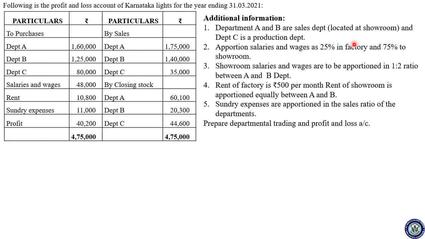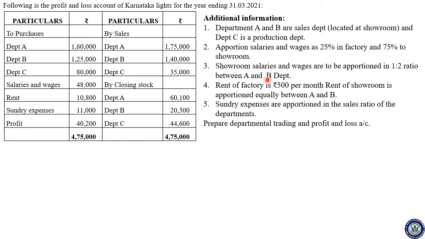So 48,000 into 25% you directly take to department C. The remaining 75%, that is 48,000 into 75%, what is left is to be allocated in the ratio of 1:2 among A and B.